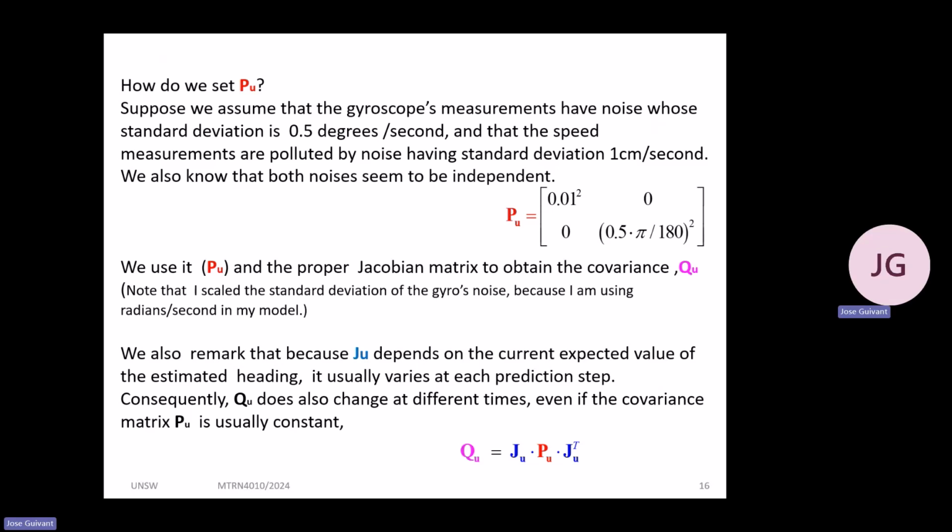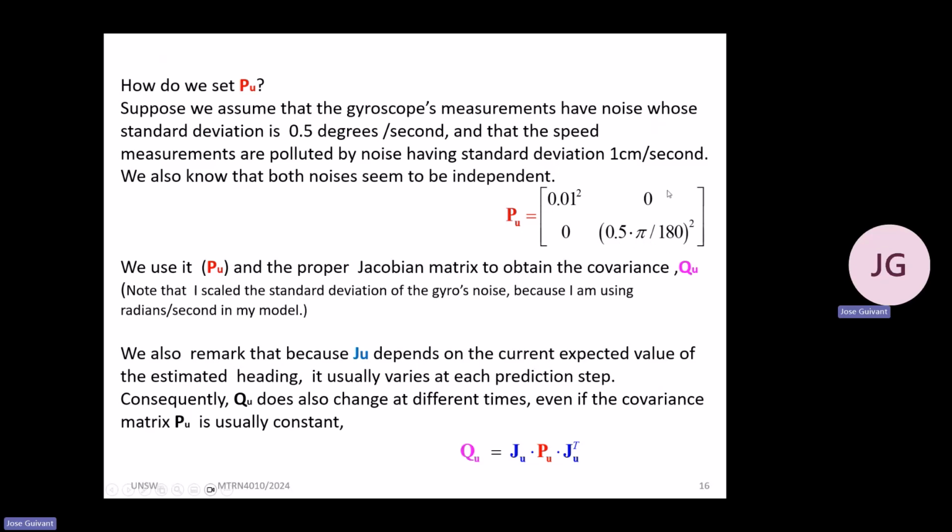Also, they tell us the gyroscope introduces a random noise, which is Gaussian noise as well, with a standard deviation of 0.5, half a degree. Then I get the variance of that because I need to put this in my covariance matrix of the noise polluting the input measurement. Because I'm using radians, I convert this to radians and I get the marginal variance.